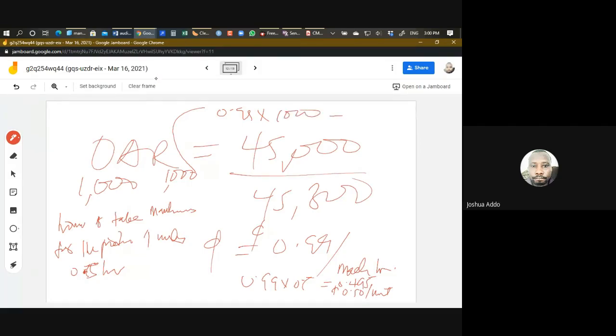So these 1,000 units are charged with a total overhead cost of 0.99 times 1,000, which is 990.